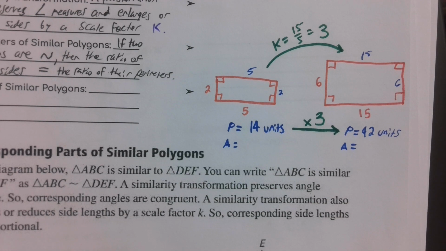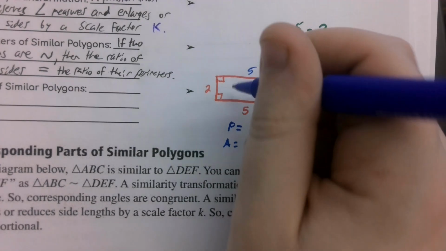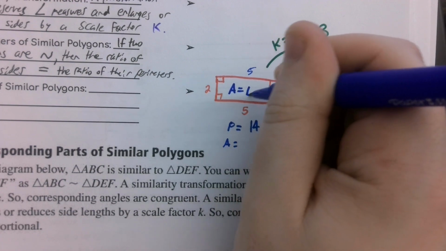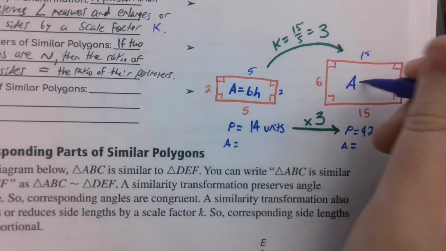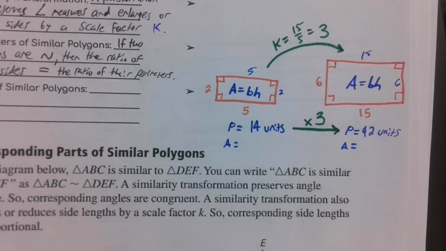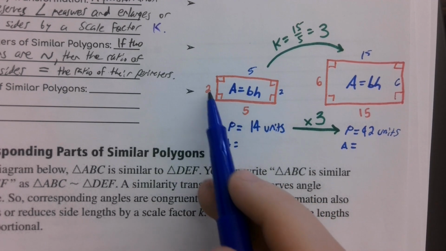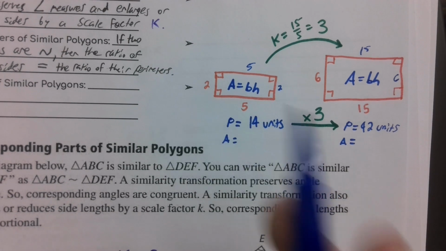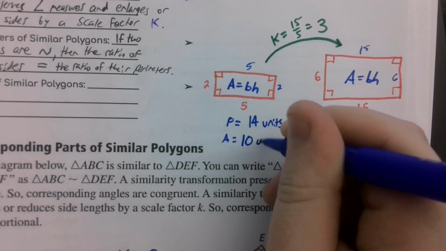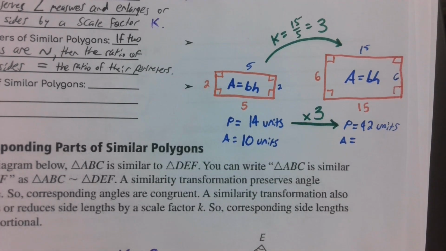Let's find the areas of these shapes. So if you recall, the area of a rectangle is base times height. So to find the area, we just multiply the base times the height. 5 times 2 is 10 units.